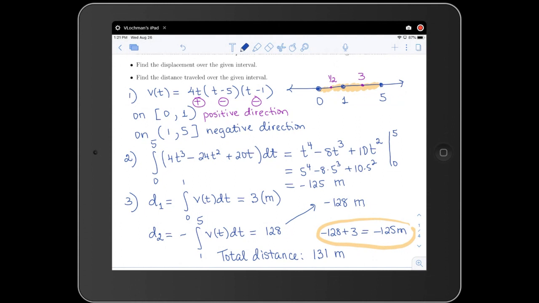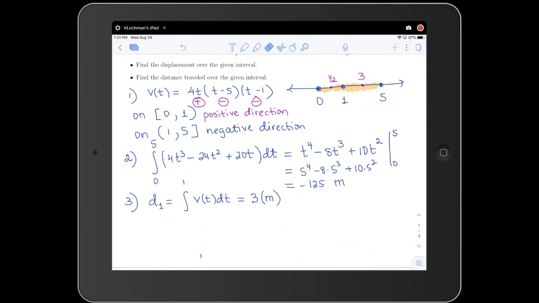And then for the distance traveled over 0 to 5, they got 147 meters. For D1, you got 19. Let's see if I made a computational mistake.